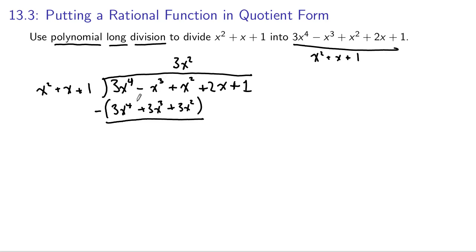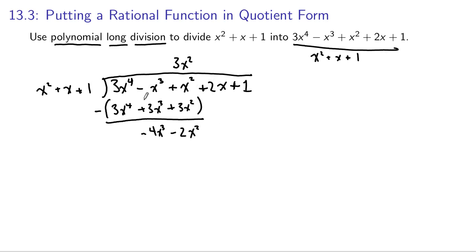Minus x cubed minus 3x cubed would be minus 4x cubed. x squared minus 3x squared is minus 2x squared. And then we can carry this stuff down as we go. We don't have to write that down. We can save space by not pulling things down.